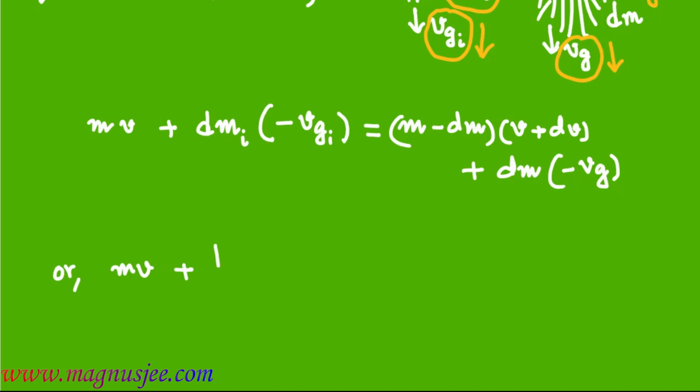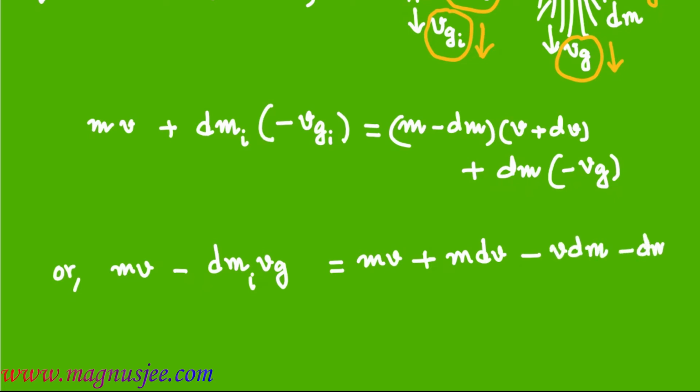mv plus dmi into minus vgi is equal to mv plus m dv minus v dm minus dm dv minus vg dm.